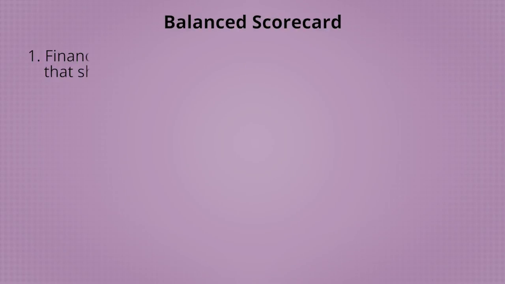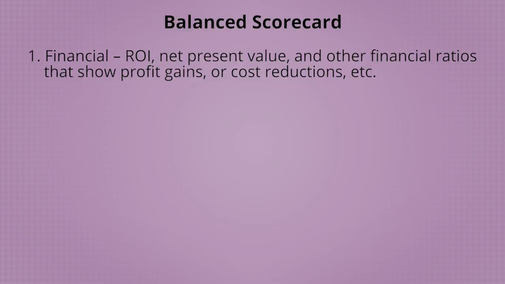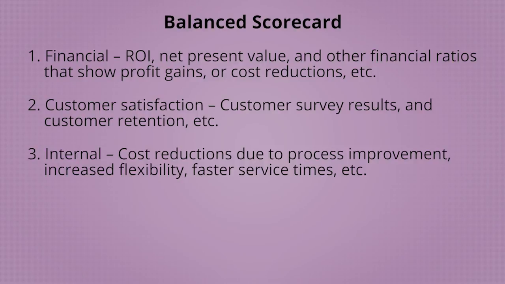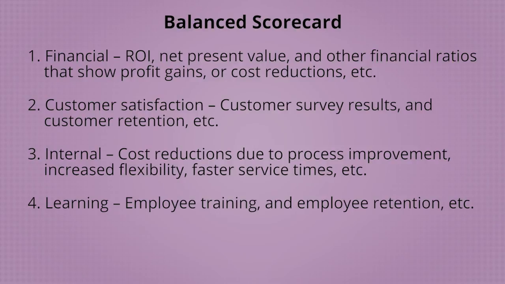They are 1, financial, such as ROI, net present value, and other financial ratios that show profit gains or cost reductions. 2, customer satisfaction, such as customer survey results and customer retention. 3, internal, such as cost reductions due to process improvement, increased flexibility, and faster service times. 4, learning, such as employee training and employee retention.